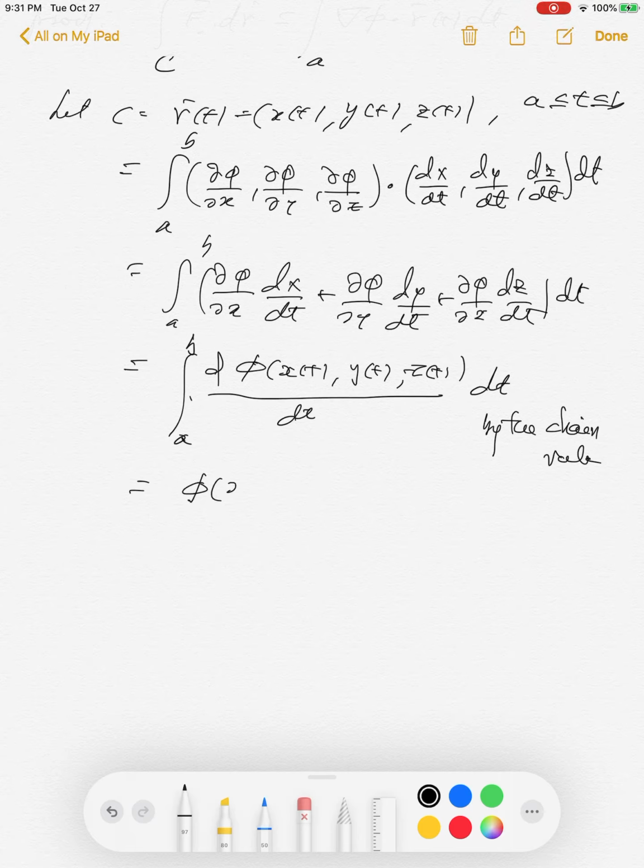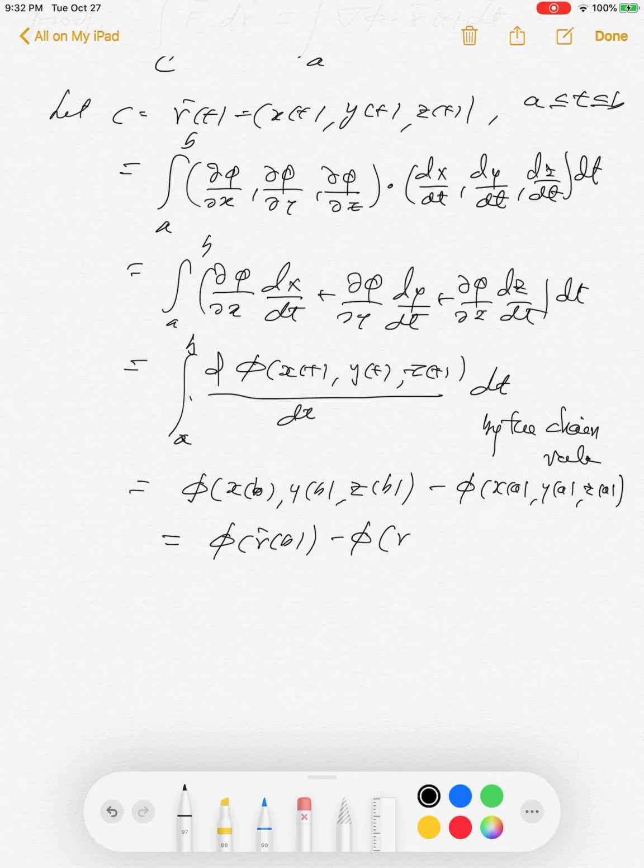So this will immediately say that you are integrating a function which is a derivative of another function. So this is phi at x at b comma y at b comma z at b minus phi at x at a, y at a, z at a. So that's the proof, which is phi at r bar b minus phi at r bar a. So in other words, if a vector field is a gradient of a scalar field, then the line integrals are independent of the path.